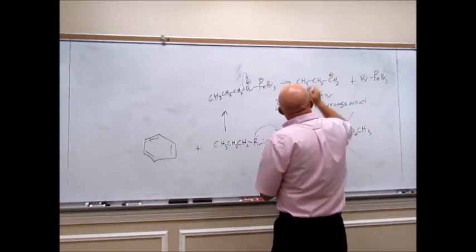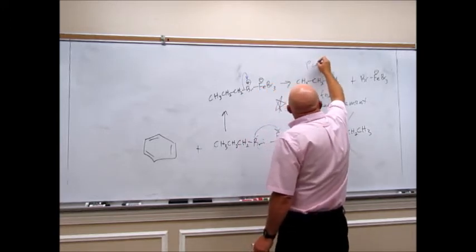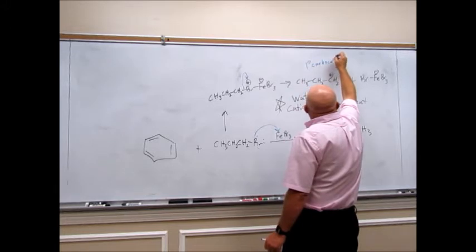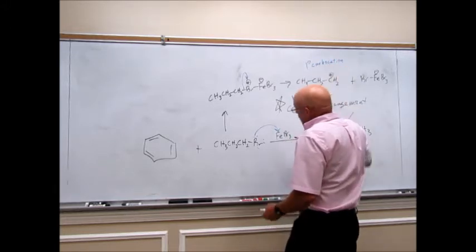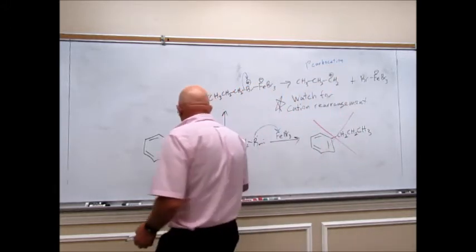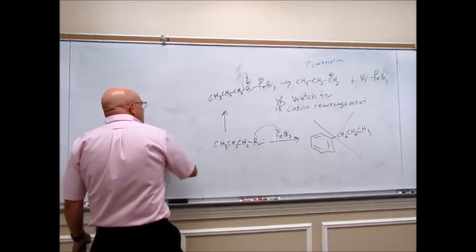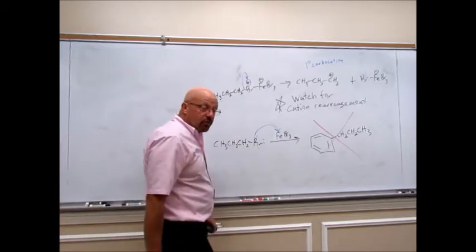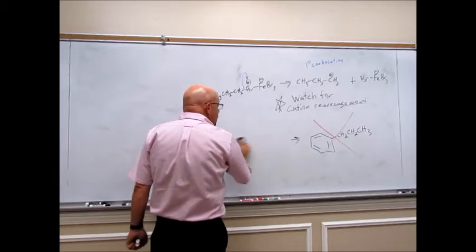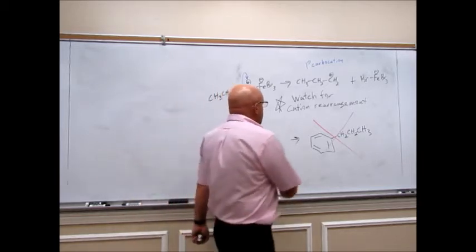That is a primary carbocation. If you can get to a secondary or tertiary, it will want to do that because those are more stable.